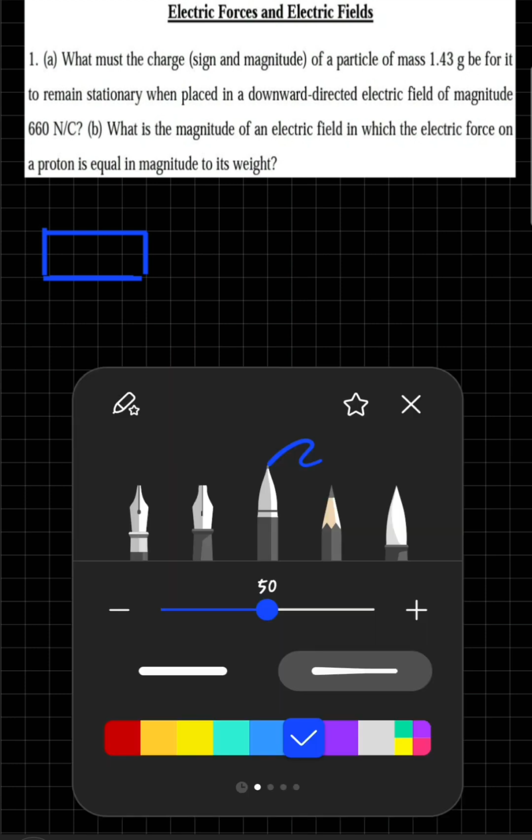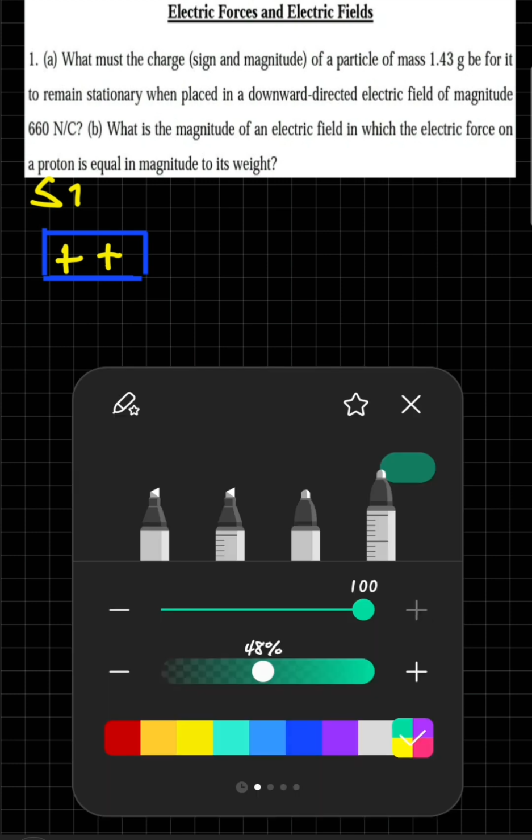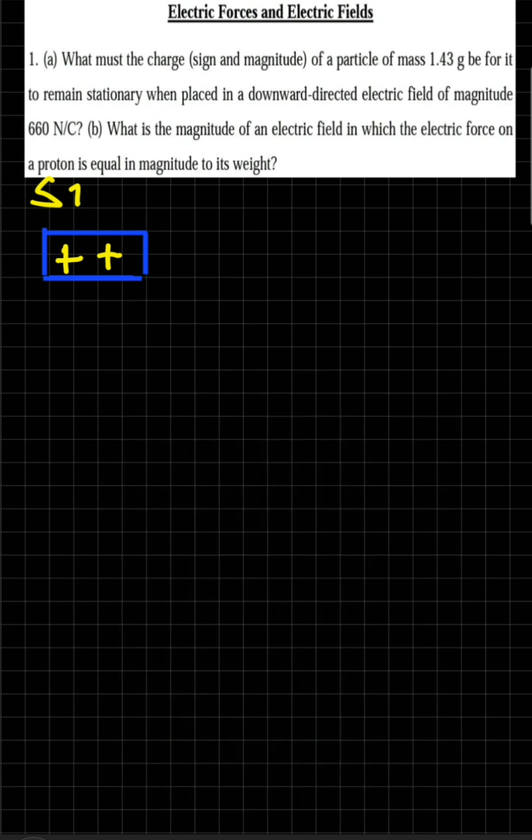Okay, so we label this as a positively charged surface or anything, and this is scenario 1. And we understand that for such, the electric field is projected outward, so it is projected downward in this case.